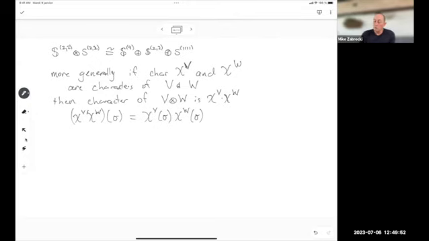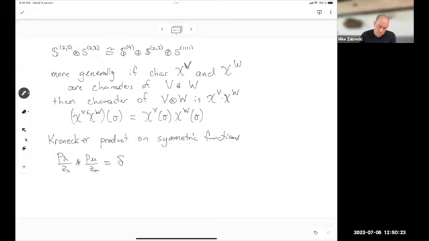And so we define a product on the symmetric functions that we call the Kronecker product, such that p lambda over z lambda, Kronecker product p mu over z mu, is equal to the Kronecker delta of lambda equals mu times p lambda over z lambda.